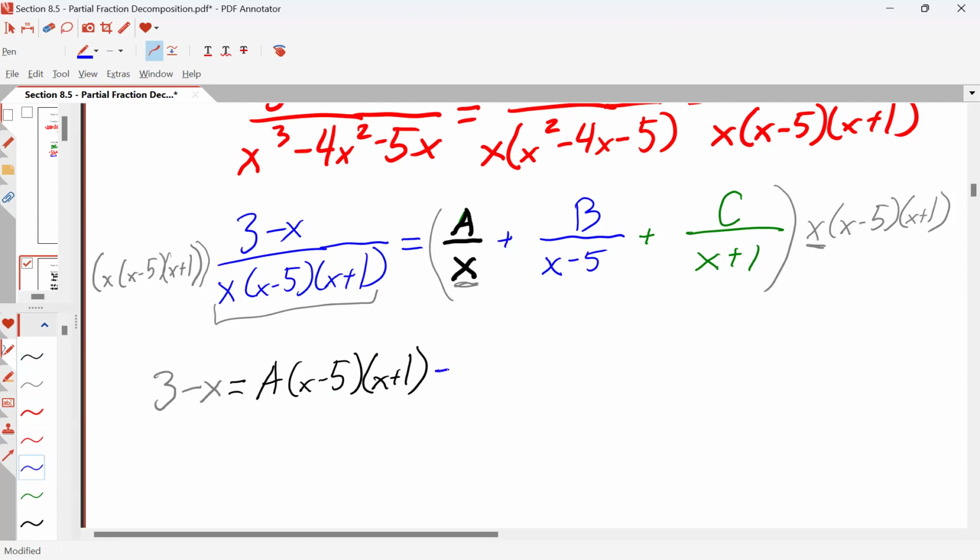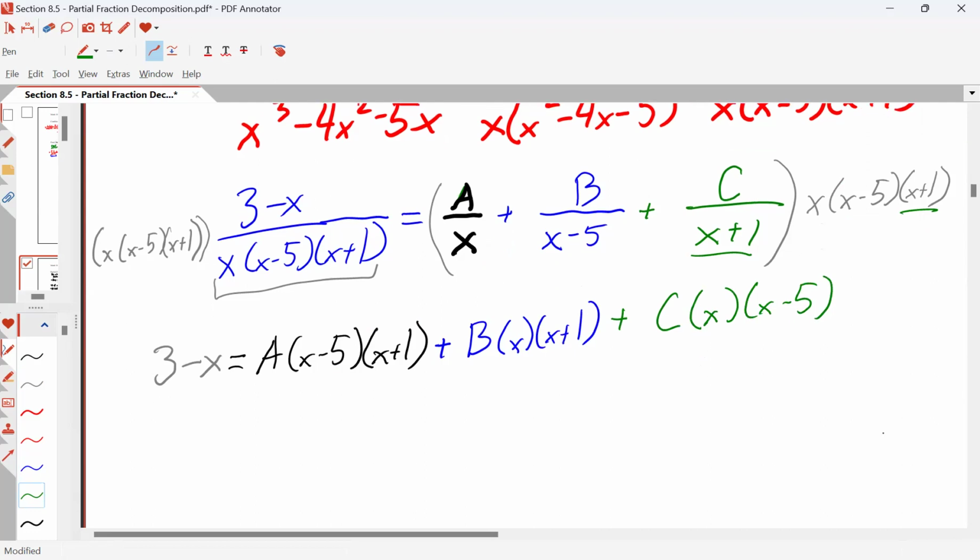When I take the b fraction, b over (x minus 5), and I multiply it by x times (x minus 5) times (x plus 1), the x minus 5s will cancel, leaving us with b times (x plus 1). And last, when I do the same for the c, the x plus 1s cancel. And we're left with x times (x minus 5).